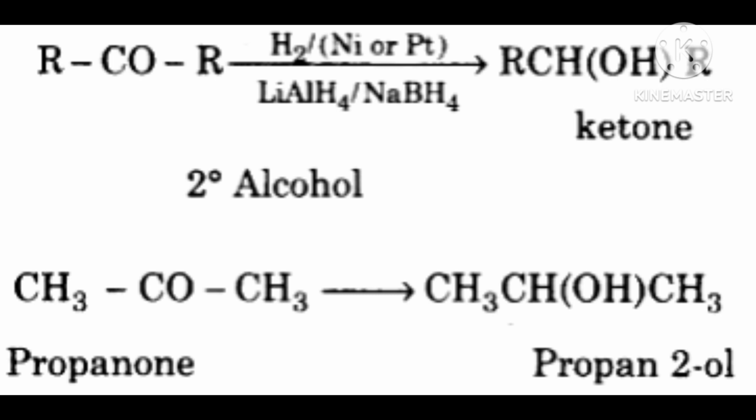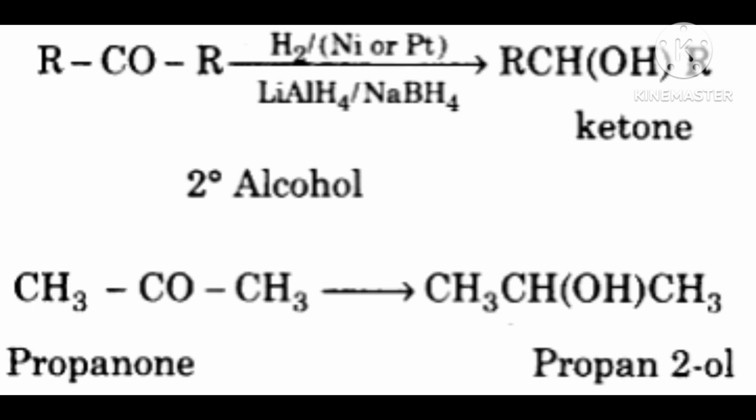Now, because reduction is going on, it means hydrogen will be introduced. Then again, the same thing will happen. That hydrogen, where will it go? Now the same way the double bond will break and convert to a single bond. Oxygen will have negative charge and carbon will have positive charge.